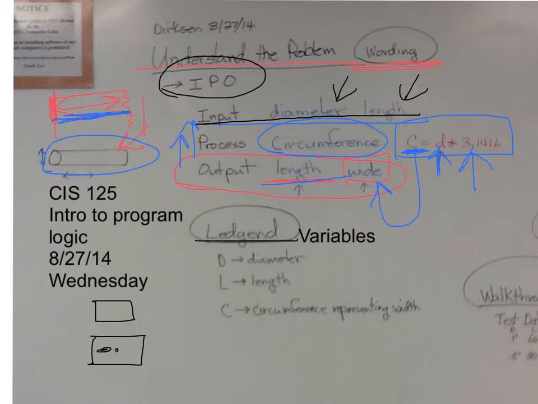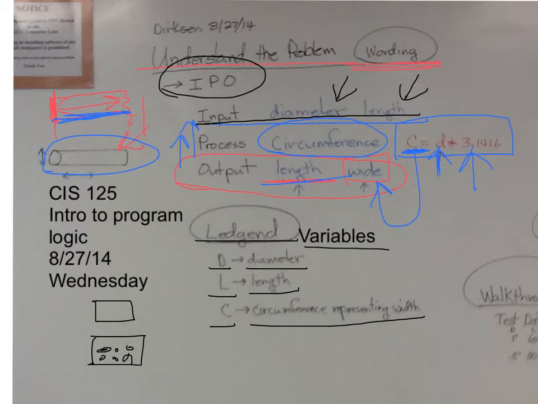In memory we have places we can store things. Okay, so we're going to use variables to represent where we're going to store things. We could use the full word, or sometimes it's easy to use a letter for clarity. So we'll work with both ways in the class. So here we're going to use the letter D to represent diameter, L to represent length, and C to represent the circumference, which is representing the width that we need.